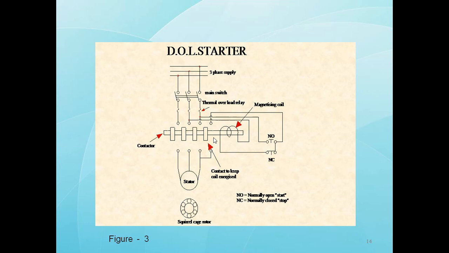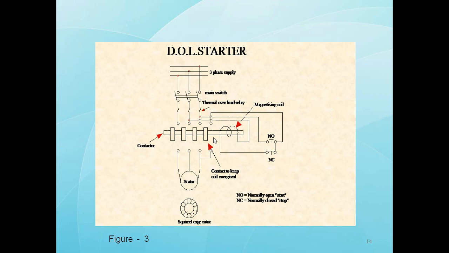The off or stop button is held normally closed by the spring. So the on button is normally open and the off button is normally closed by springs, as shown in the figure.